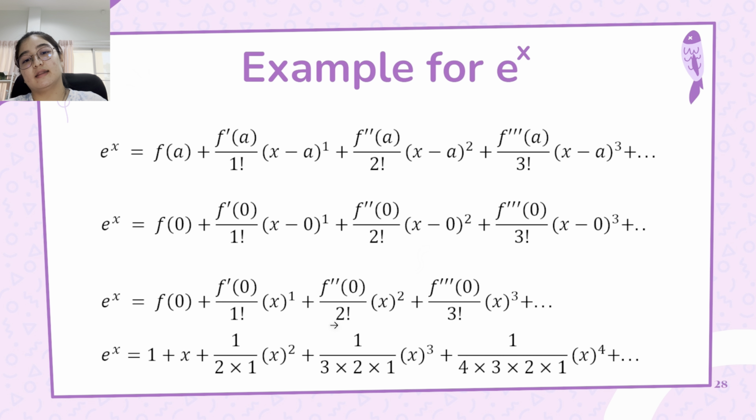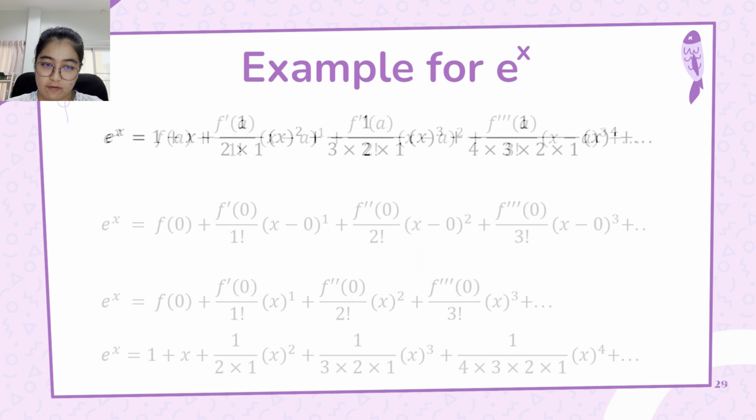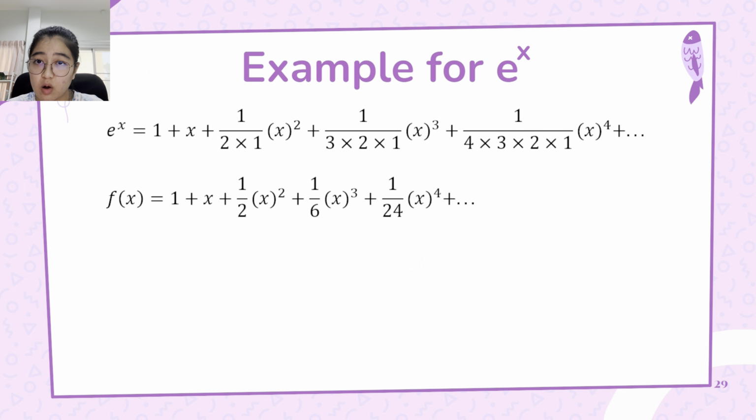So this is what we get, and as I told you before, f of 0 for e to the x, no matter how many derivatives we take, will always be the same as e to the x.